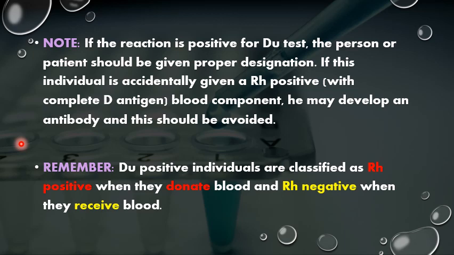If this individual is accidentally given Rh positive with complete D antigen blood component, he may develop an antibody and this should be avoided. Always remember that DU positive individuals are classified as Rh positive when they donate blood and Rh negative when they receive blood.